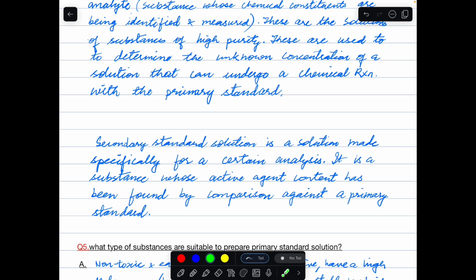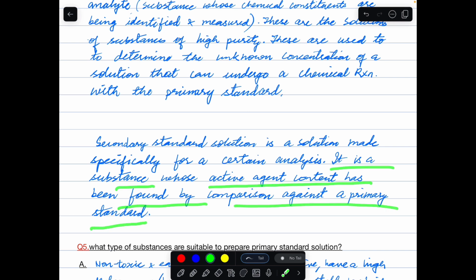For example, sodium hydroxide is to be used as a secondary standard, not the primary standard. So what is the meaning of that? In this case, a secondary standard is a substance whose active agent content has been found by comparison against a primary standard.